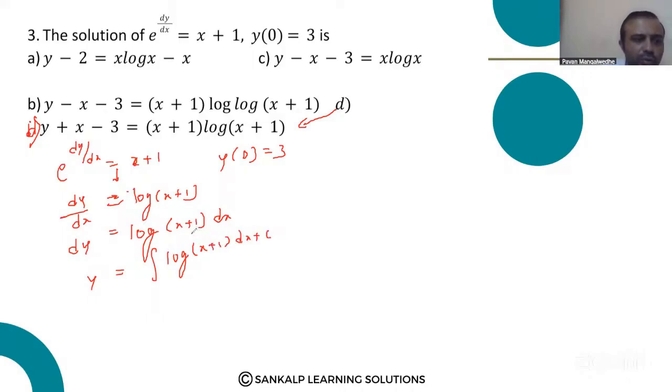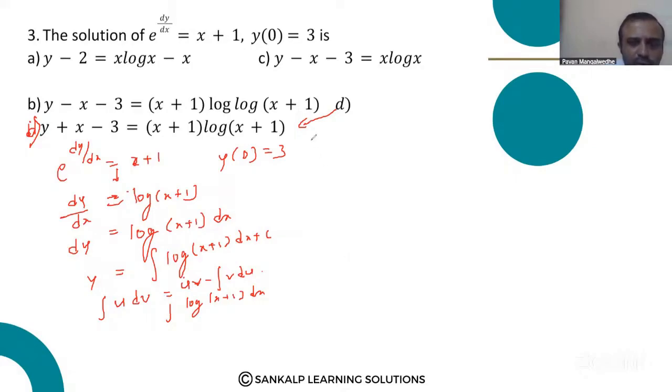For this, use the integration by parts method: integral of u dv is equal to uv minus integral of v du, for the integration of log of x plus 1 dx.